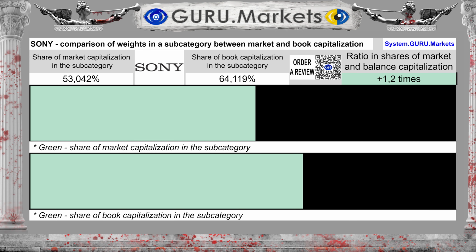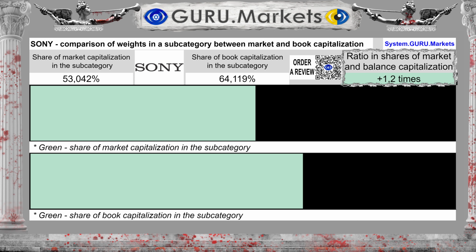Comparing the occupied shares of market and balance sheet capitalization, we see the following. The share of Sony Group Corporation in the subcategory in case of market value assessment is 53.042%. The balance sheet capitalization share is 64.119%.